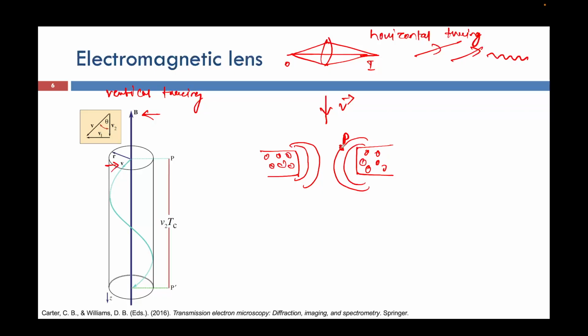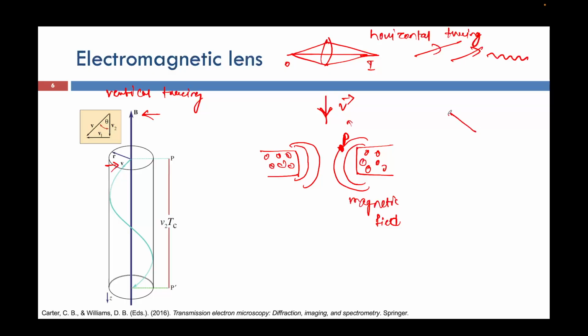So at point P only, my electron beam first interacts with this magnetic field, right? And beyond P, my electron beam has not yet interacted with the magnetic field.